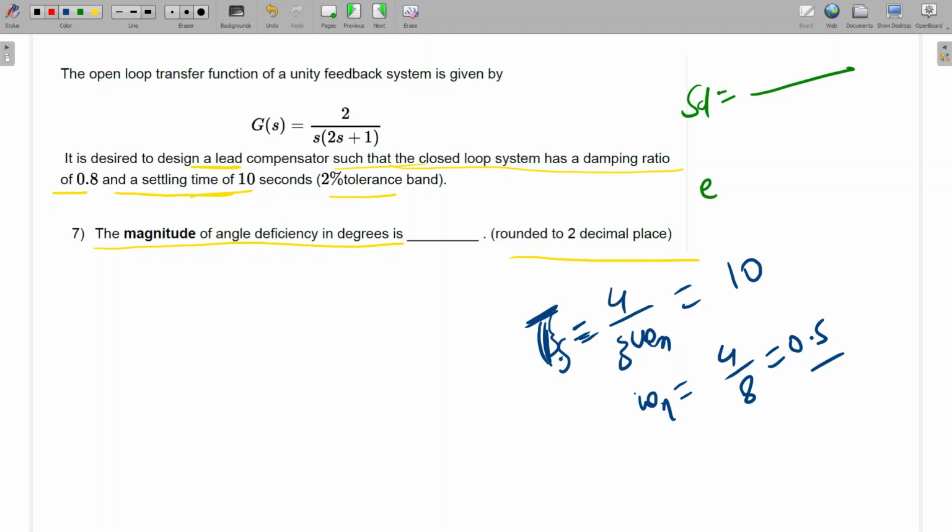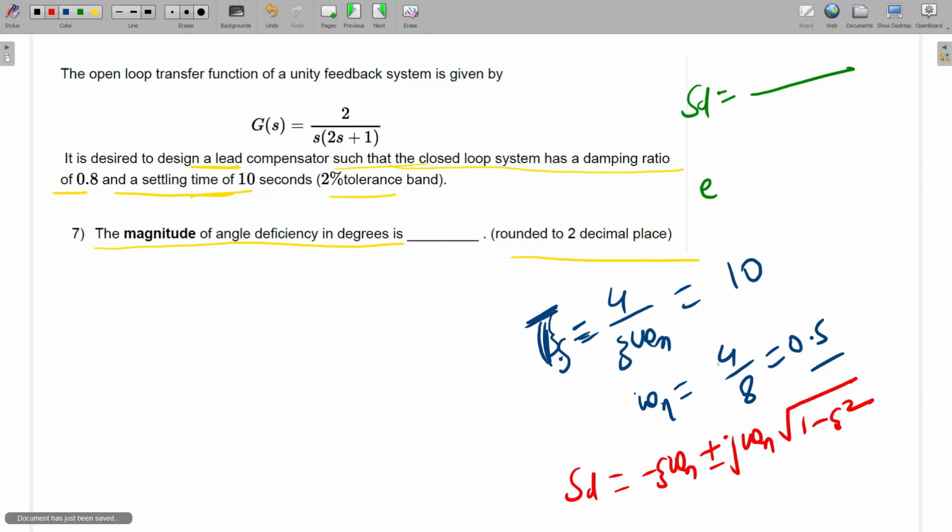So what will be our desired pole for this specification? sd will be minus zeta omega n plus or minus j omega n into square root of 1 minus zeta squared. Is it clear up to now? Yes, sir. So the omega n value is 0.5 and the zeta value is 0.8, so 8 into 5, 40 by 100, that will be 0.4.